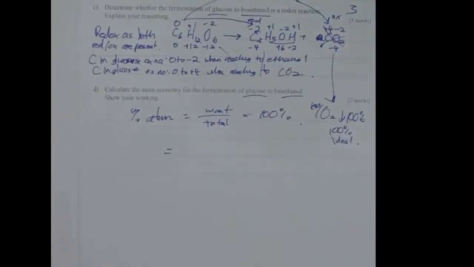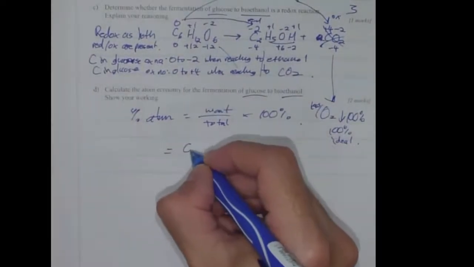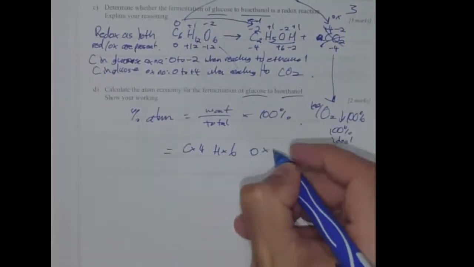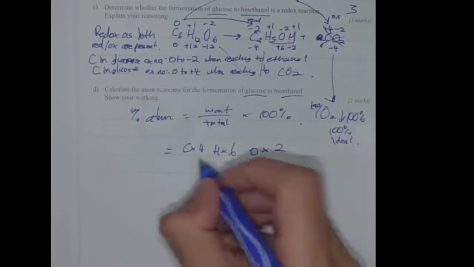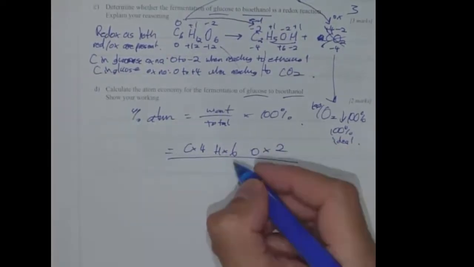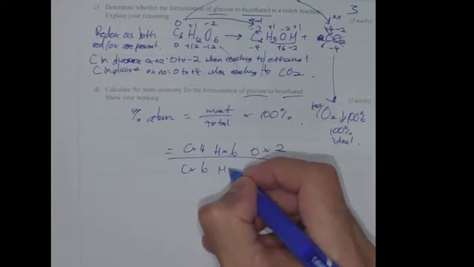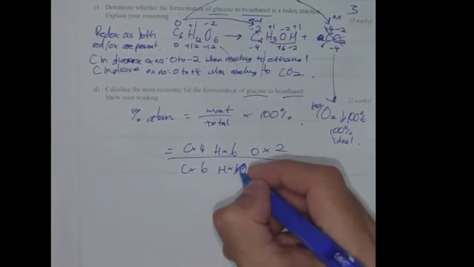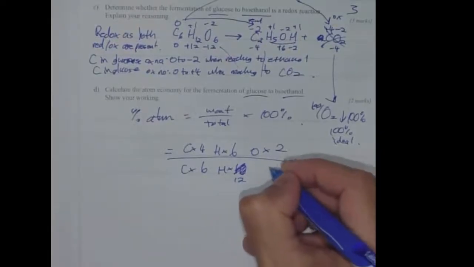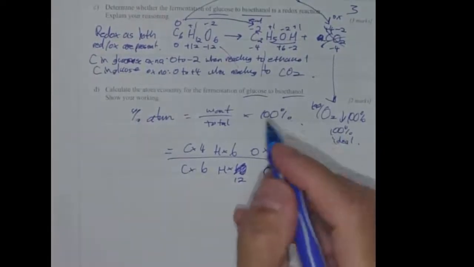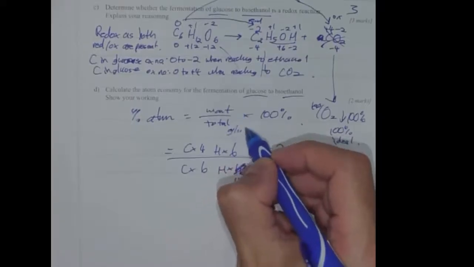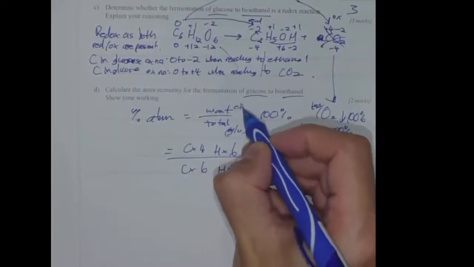If I'm looking at the reaction on the other page, there's a 2 there, so it's carbon times 4, hydrogen times 6, oxygen times 2, and then carbon times 6, hydrogen times 10, and 12. Don't misread it. Oxygen times 6, that's glucose. So total was glucose, and this was ethanol.